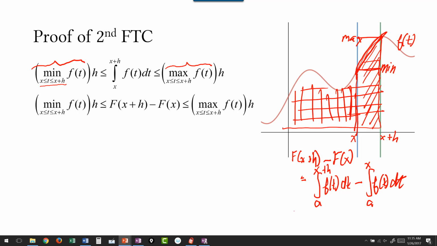So this value is in fact the integral from x to x plus h of f of t dt.